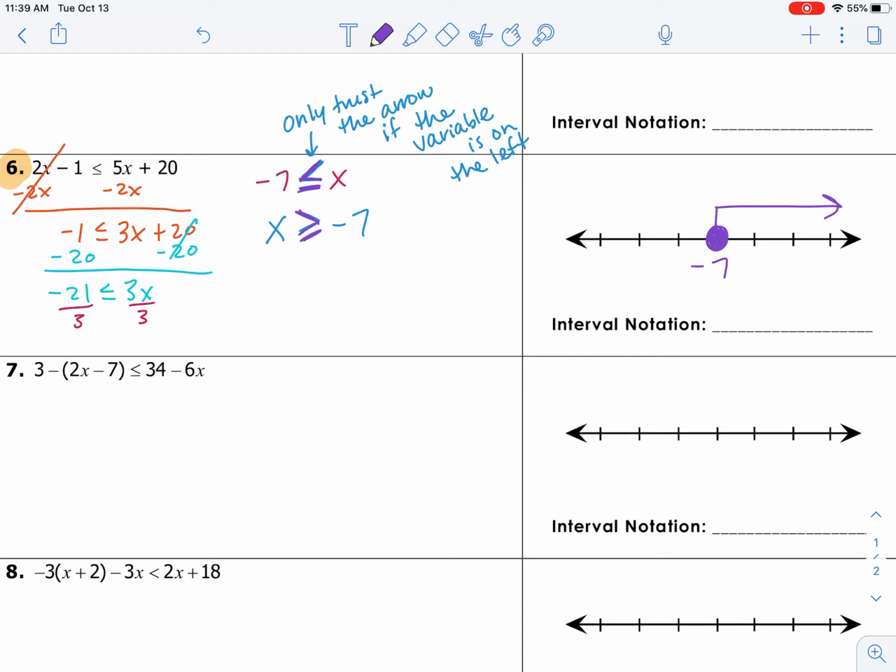The other thing that you need to have the exact same as mine is interval notation. We go along the number line from left to right. The first thing that we come to is negative 7. We're going to use a bracket because we have or equal to underneath our inequality symbol. We keep going along the number line from left to right. The last thing we come to is positive infinity. Always use a parenthesis on positive infinity and negative infinity, so I use a parenthesis at the end.